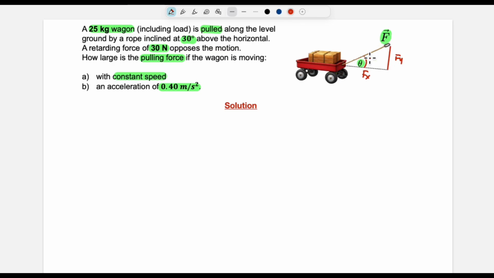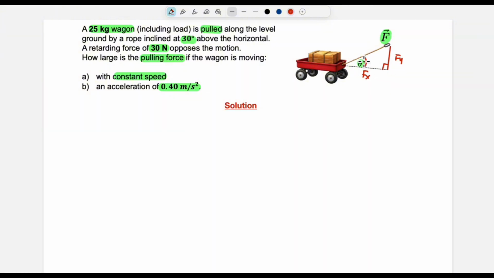Now, to resolve this, if you take the rope as the hypotenuse of this triangle, the Fx component of this force F as the adjacent side, and the Fy component as the opposite side, we have a right triangle. Therefore, we can apply the Pythagorean theorem and also use trig to relate Fy, Fx, and theta.